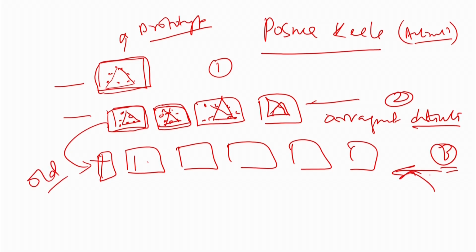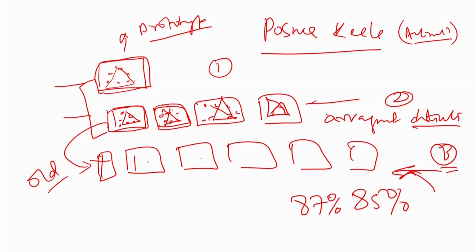What was found was that the chances of identifying the prototype, which the subjects had not seen, was 85%, and identifying the old distortions of the original prototype was almost 87%, whereas identifying the new distortions, which were never close to the old distortions, was only 65%.